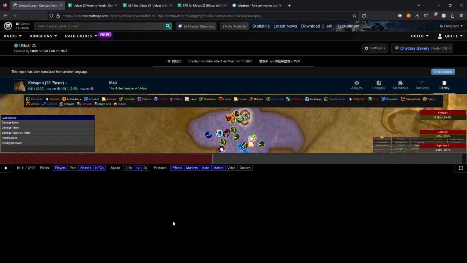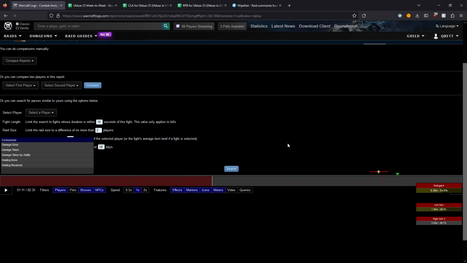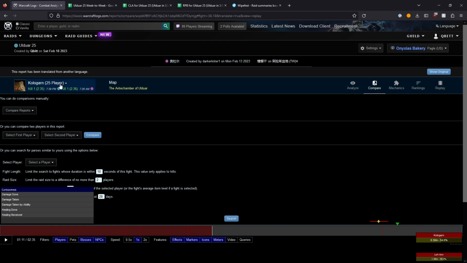So that's it. That's how you can read your parse to see if you're in a good place or not. There's other data available if you want to nitpick what particular thing happened to you on any particular fight or event. But if you're looking at checking yourself, the compare tool cannot be beat because it gets you outside of our raid and our raid team and looking at other people in the world.